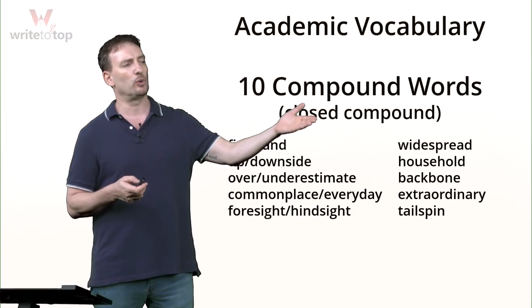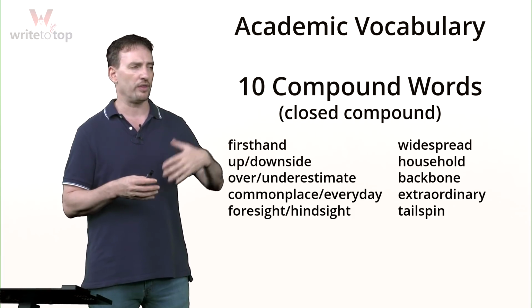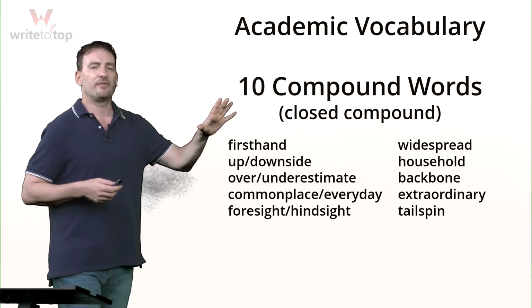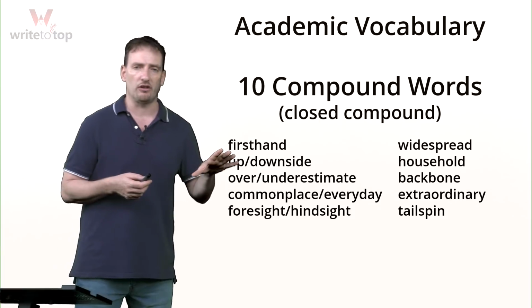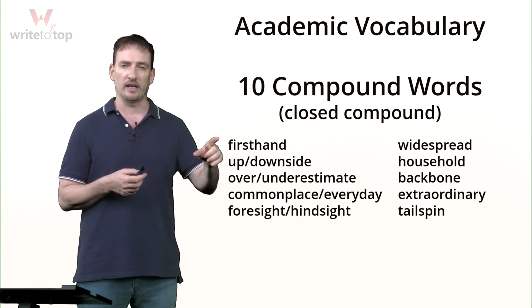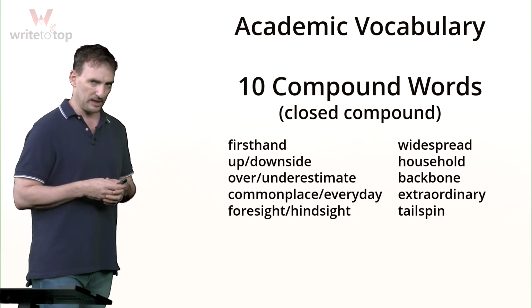Widespread, household, backbone, extraordinary, and I'm going to give you a couple more with the word extra, and tailspin. All of these can be used in your essay, and one of them especially can be used in your Task 1 IELTS academic. Okay, but I'll show you that when I get to it.